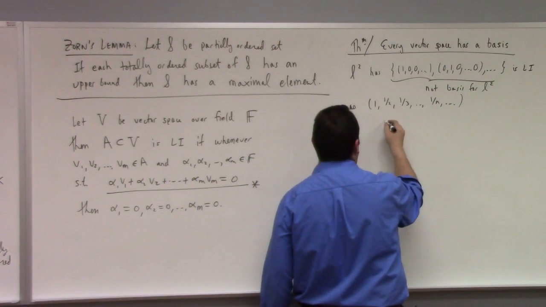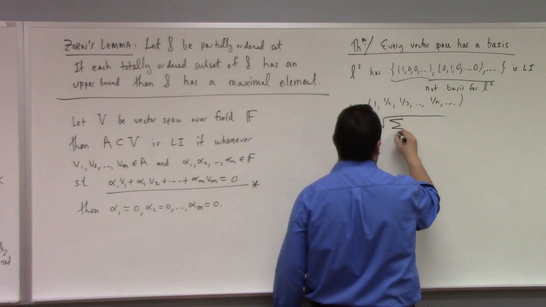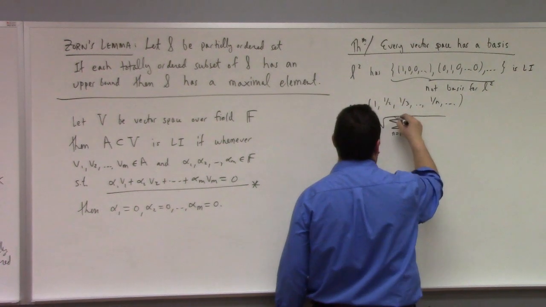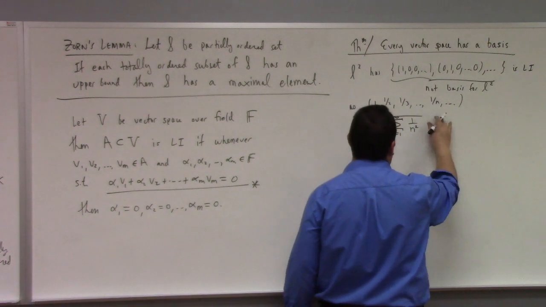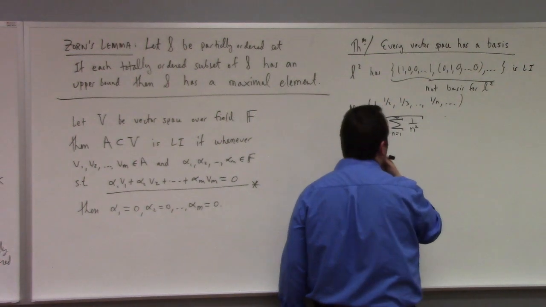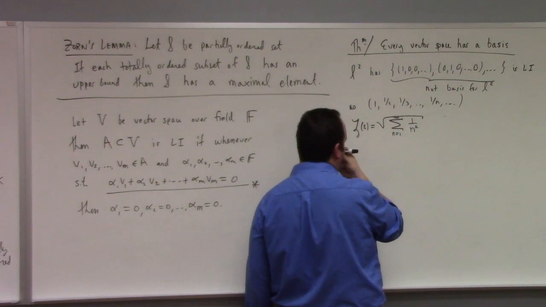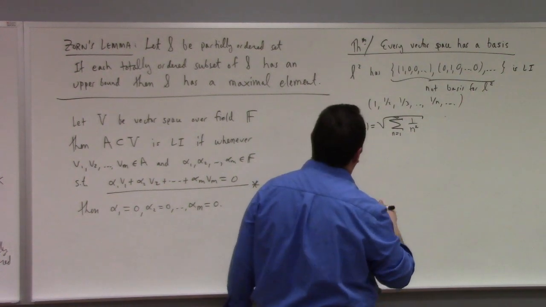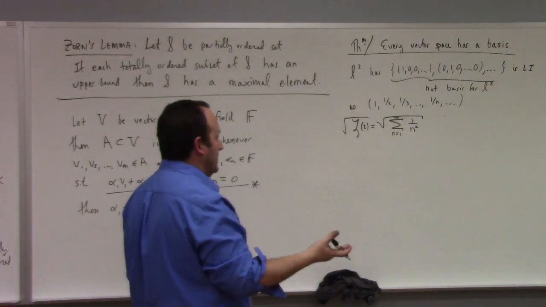So the square root of the sum, n equals 1 to infinity, of 1/n squared, right? Oh, you say that that's zeta of 2? Square root of zeta of 2. Oh, square root of zeta of 2, yeah. Huh.